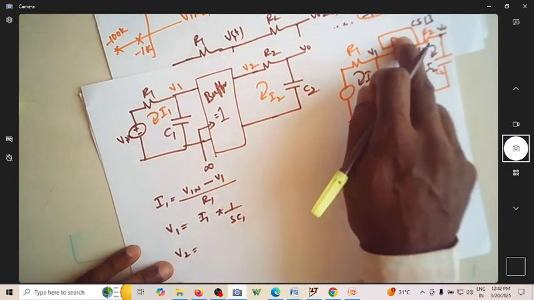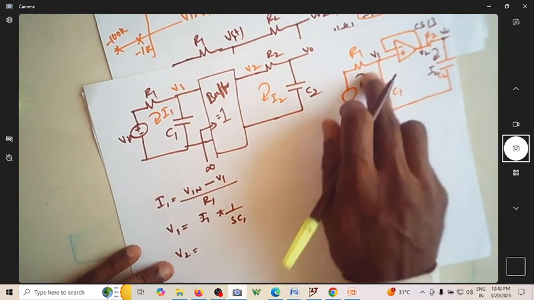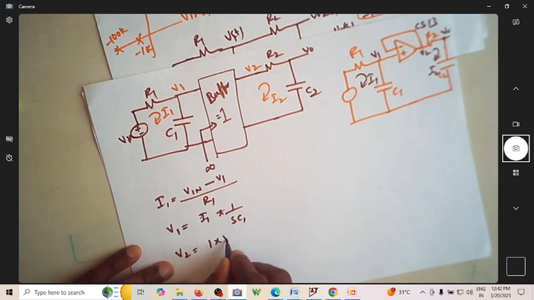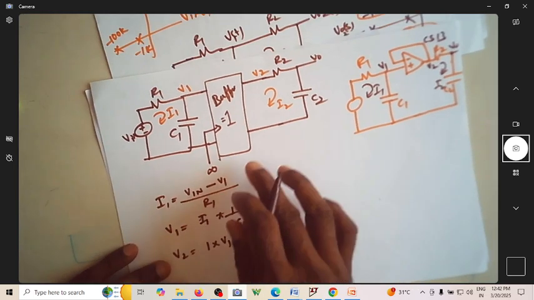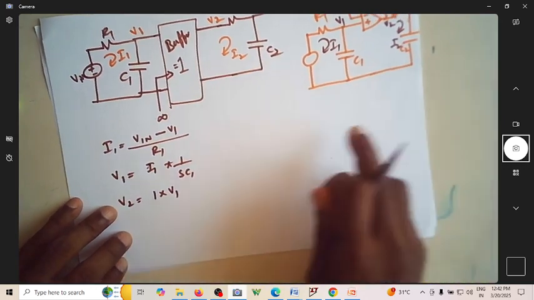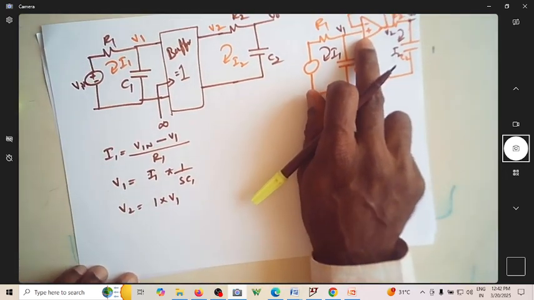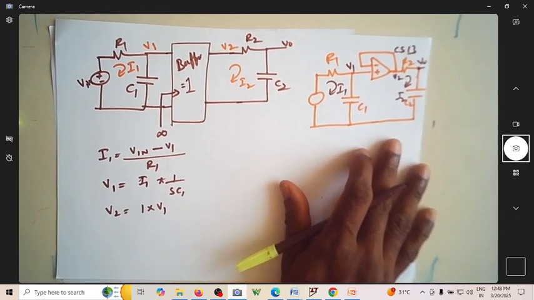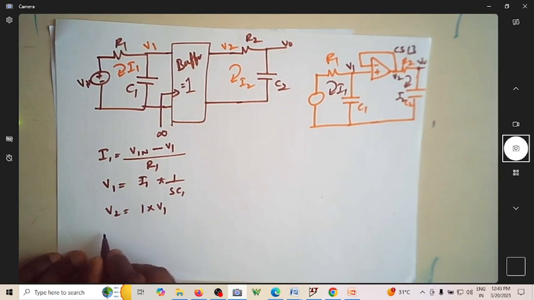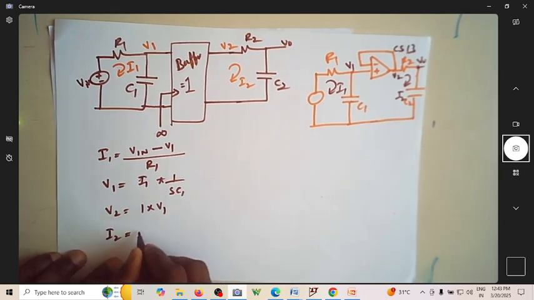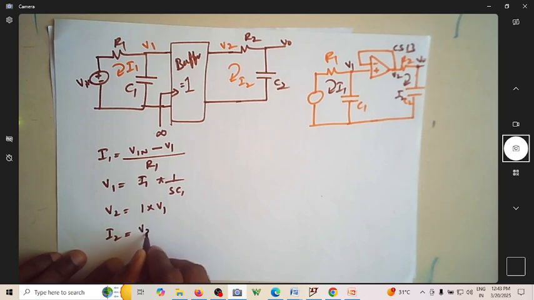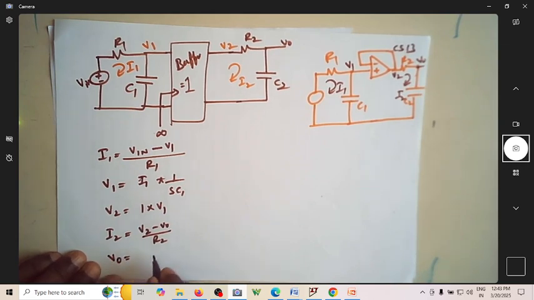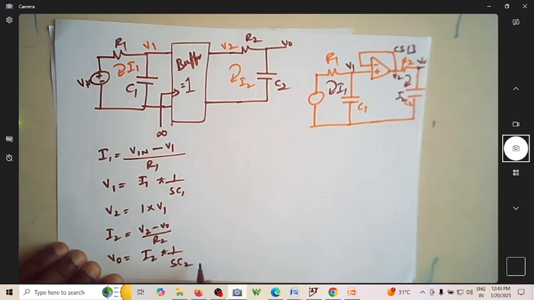V2 is the gain of the buffer multiplied by V1, so 1 into V1 is V2, because you have a gain of 1 from this voltage follower. Now what is I2? I2 is given by V2 minus V0 by R2. What is V0? It is I2 multiplied by 1 over SC2.